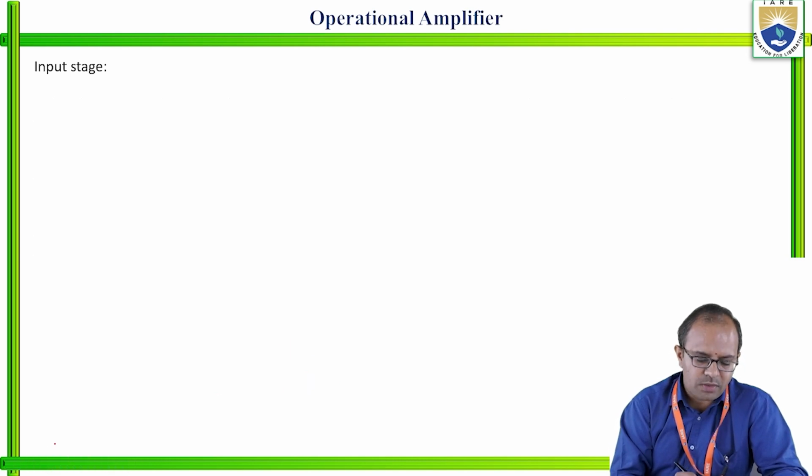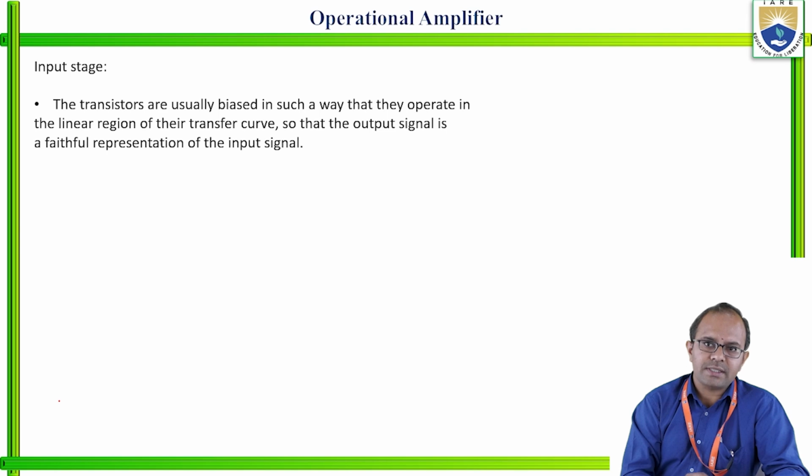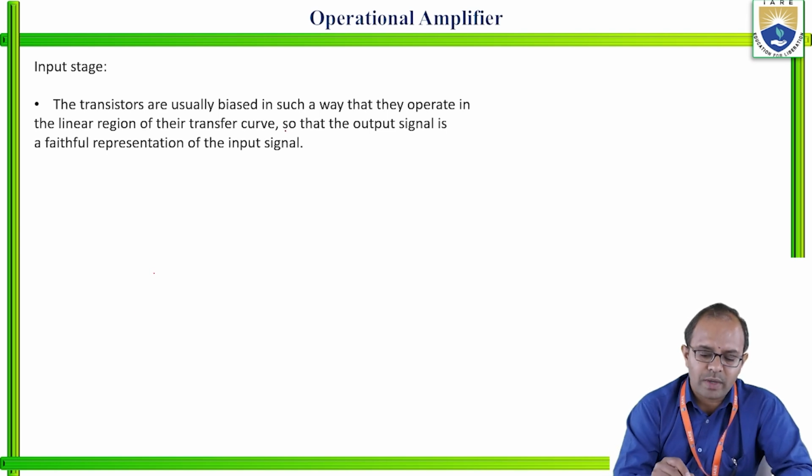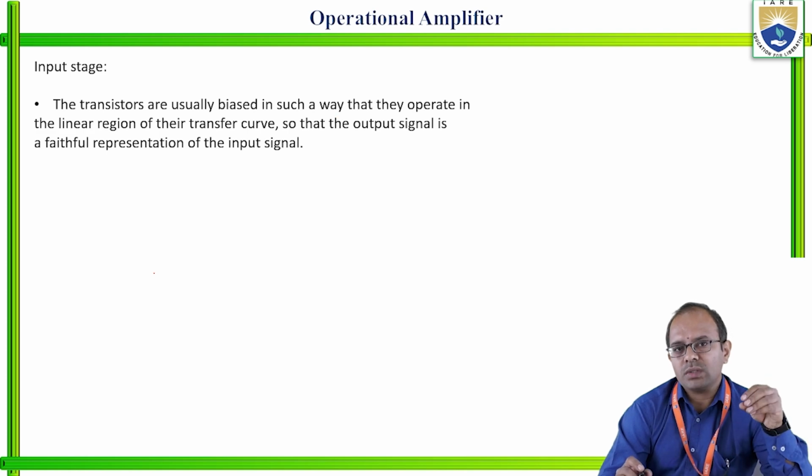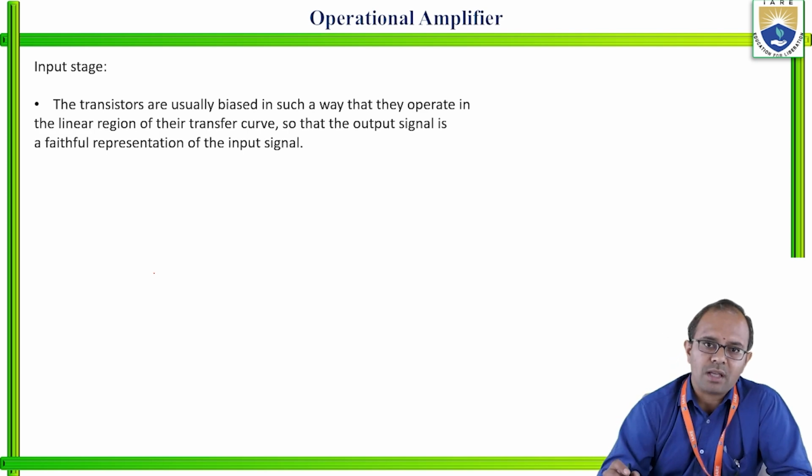And further, if you observe the input stage, you can notice that the transistors are usually biased. We know how the transistors will function, how the transistors will operate. They need a bias along with the input signal.